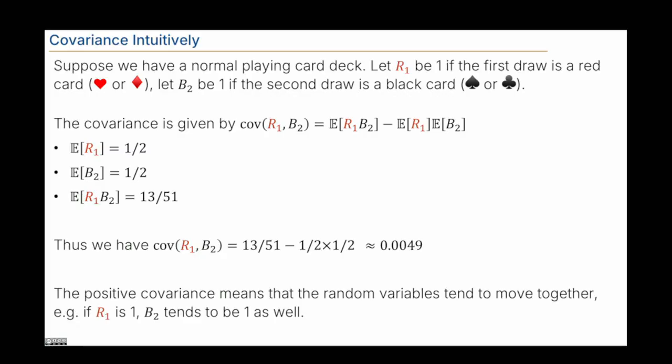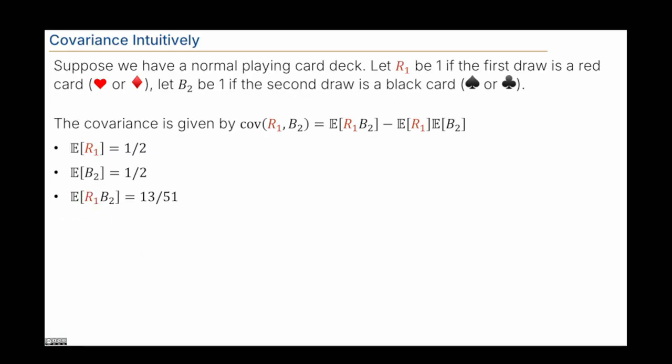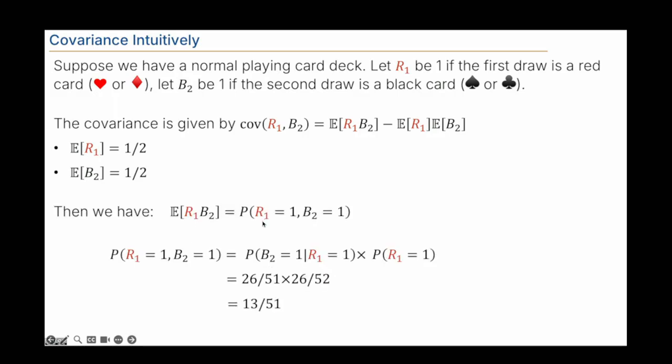Why wouldn't B2 be even independently 26 over 51? Because B2 is the second draw, right? So you would assume that still one draw is taken, even if you do it like E of B2. Yeah, E of B2. So the reason is that when we're talking about R1, B2, we're thinking about the probability.